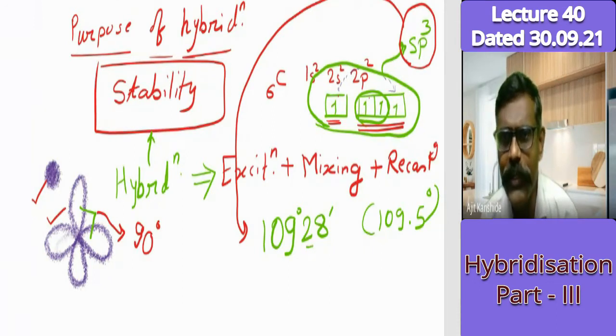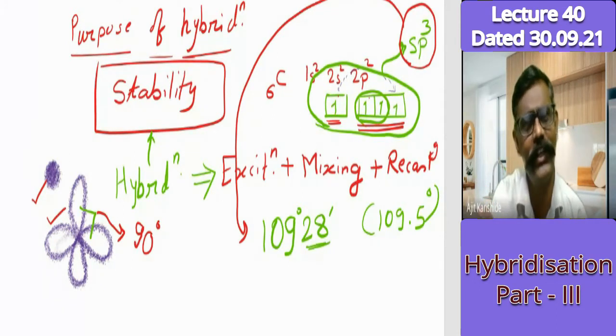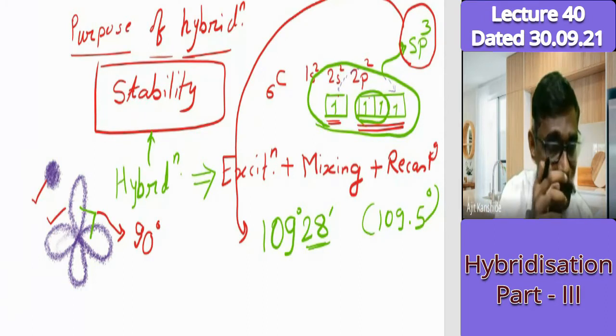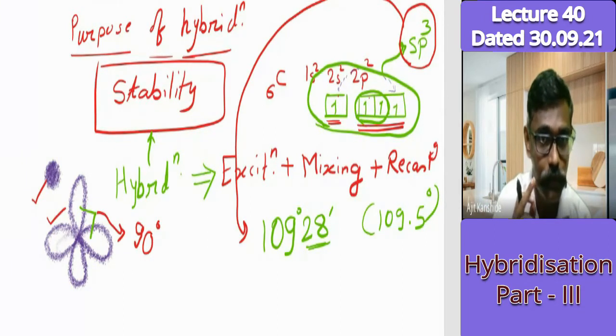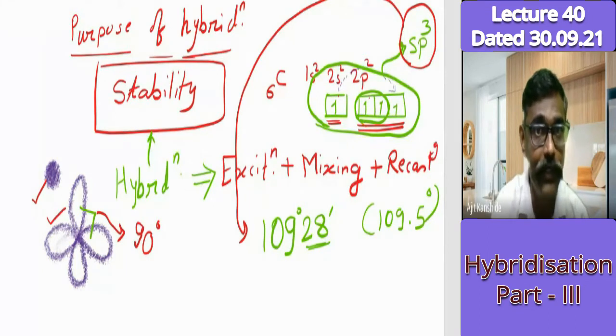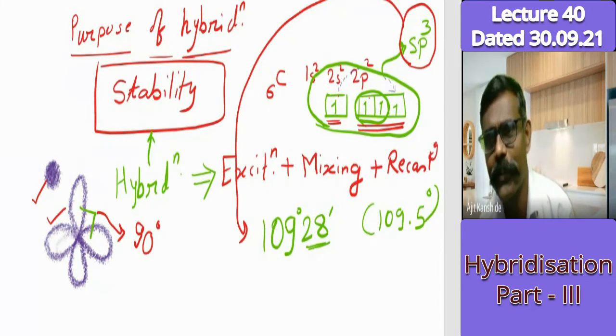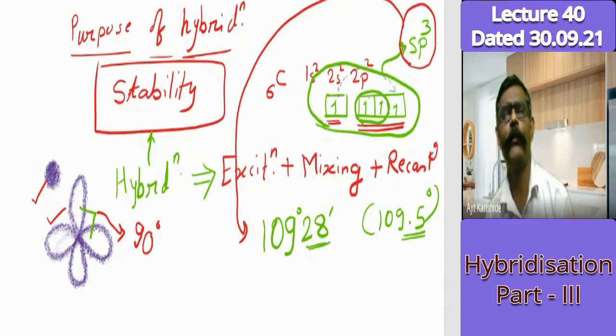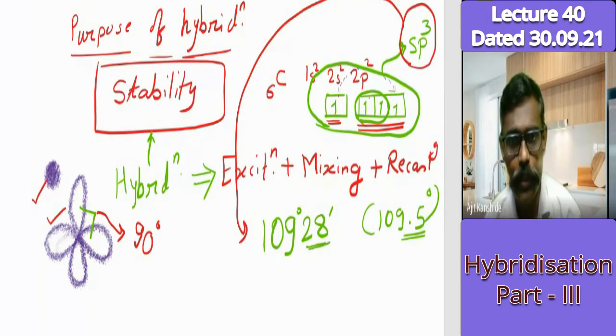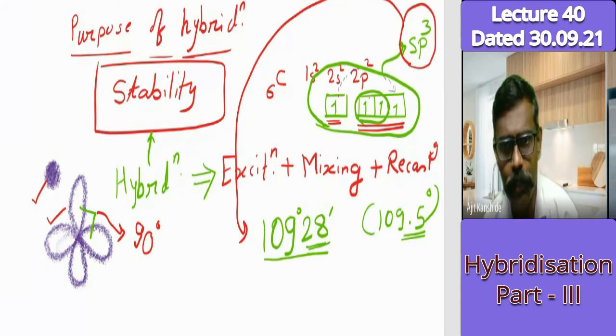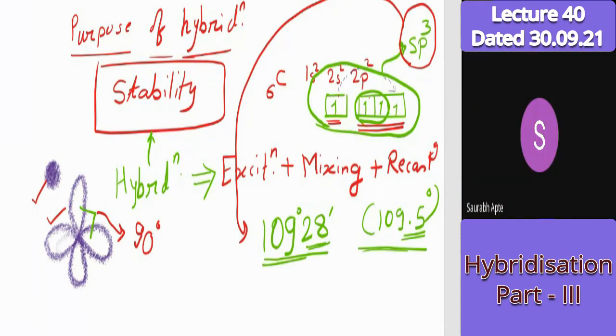Here it's 28 minutes, which means almost 30. For 60 minutes we say 1 degree, so for 30 minutes, we can say it is half a degree. So I represent it here as 109.5 degrees. Students, are you following this? 109 degree 28 minutes or 109.5? Yes, sir.